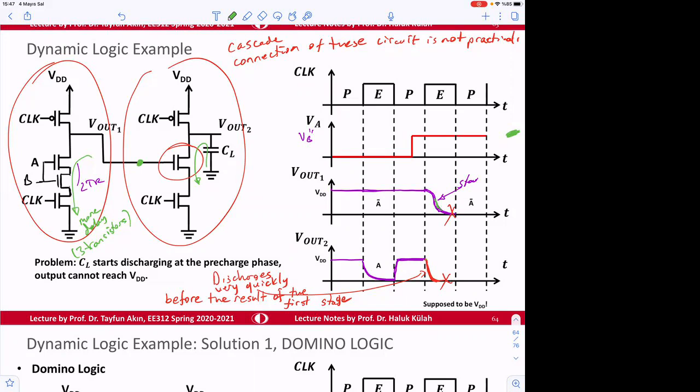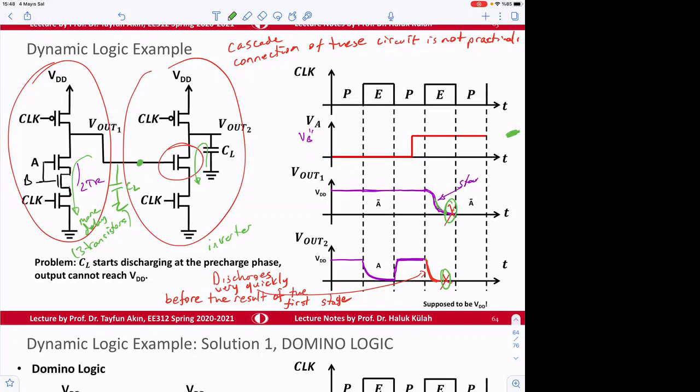And since it does that, we assume that the similar CL is also here. Since it does that, it's already discharged. But then Vout1 comes to low, and that means the next inverter, this is in fact the inverter, cannot charge back. So input is low, but output is also low. So due to that, there's a mistake in the evaluation.